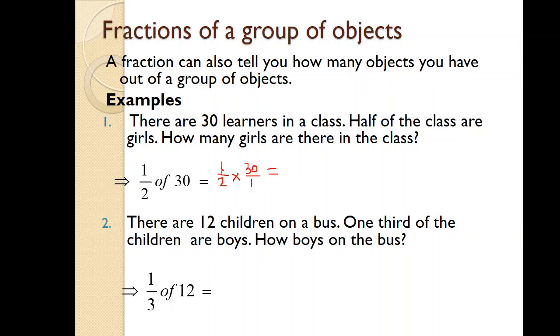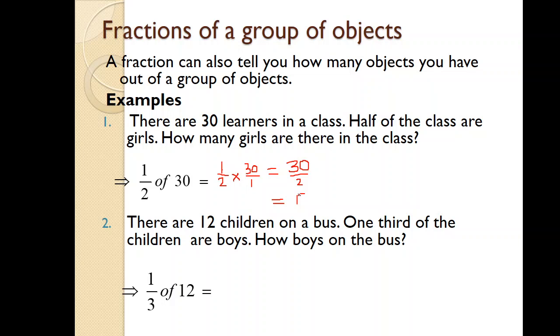So 1 multiplied by 30 is 30, over 2 multiplied by 1 is just 2. Now you have 30 over 2. It's like you are saying 30 divided by 2. If you divide 30 by 2, you get 15.